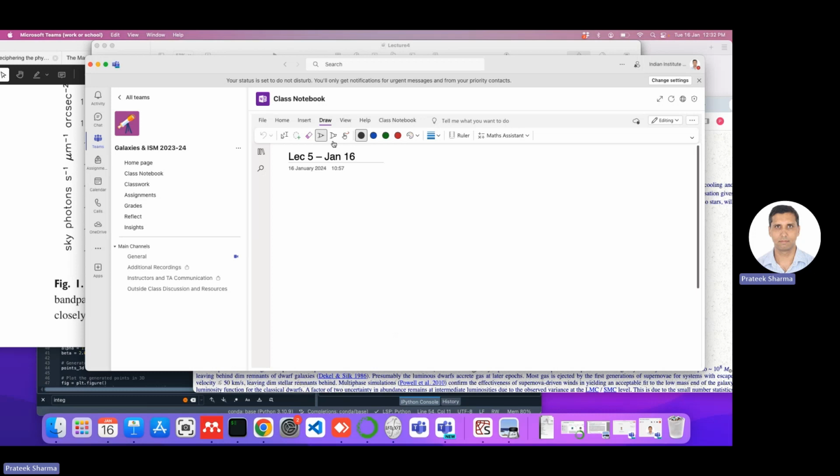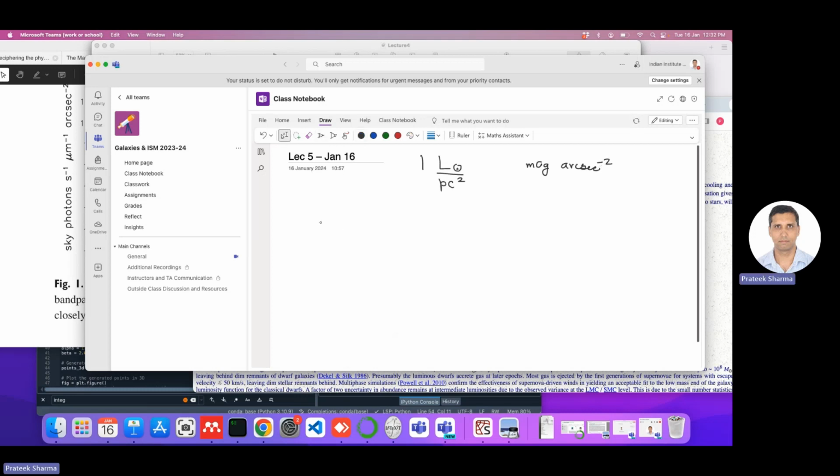So let's see. We want to know what is 1 L sun per parsec squared, this surface brightness, if we want to express it in terms of magnitude per arcsecond squared.